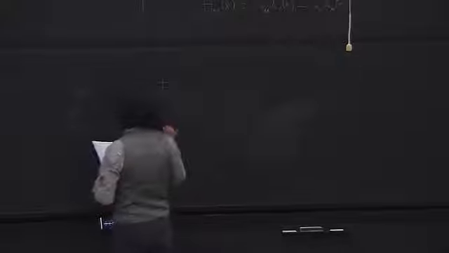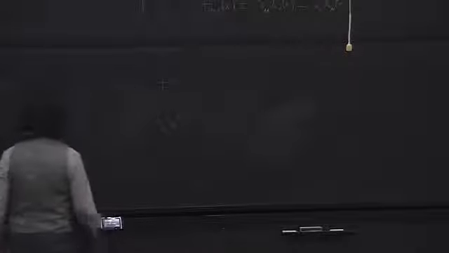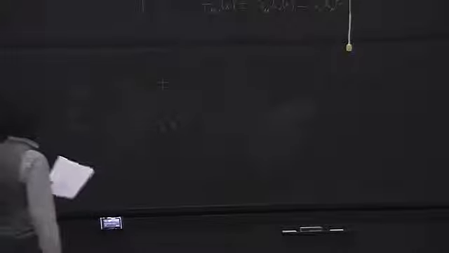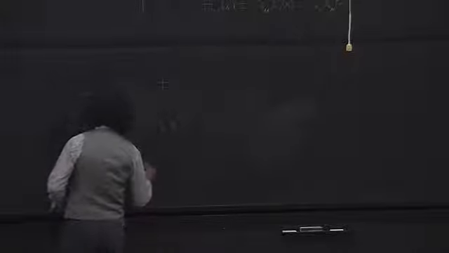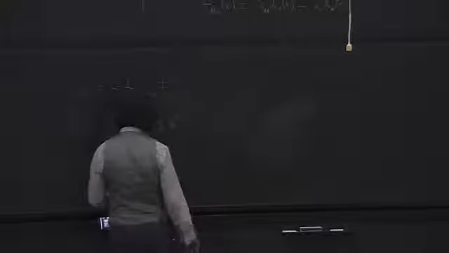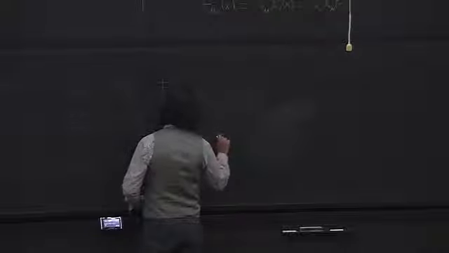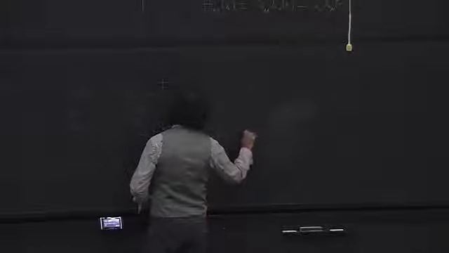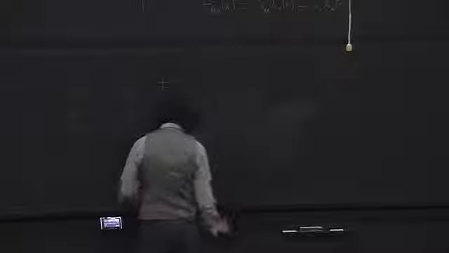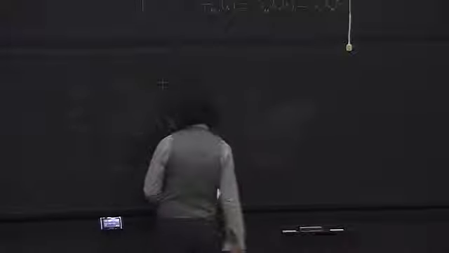Then if you add this gauge fixing Lagrangian, your total Lagrangian is, up to some integration by parts, this. This is the gauge fixed Lagrangian.